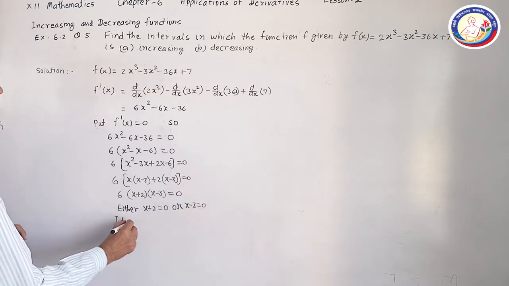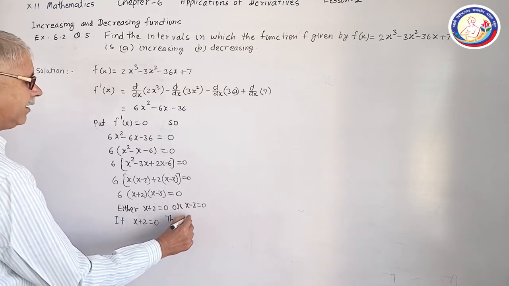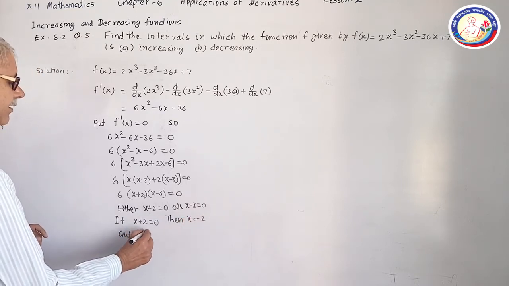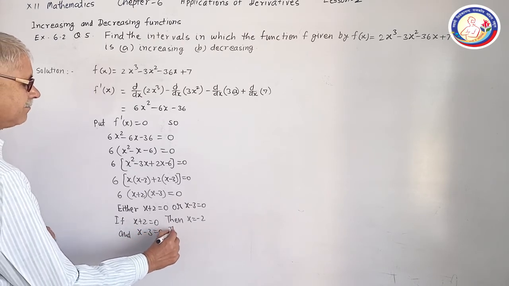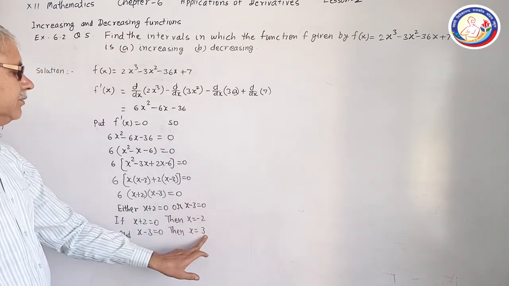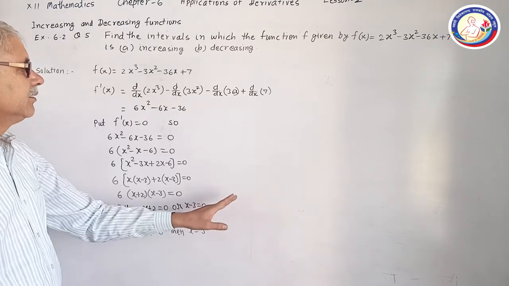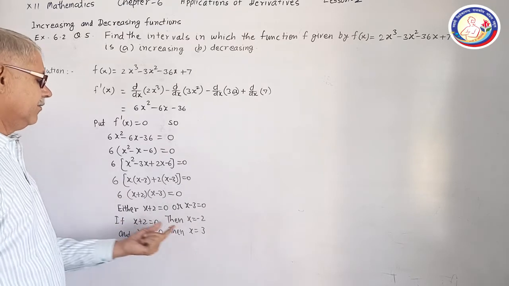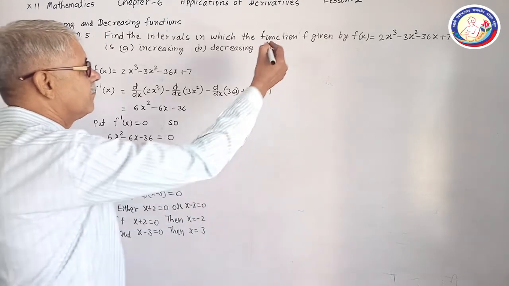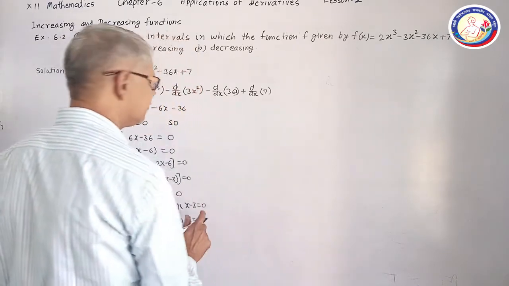If x plus 2 is 0, then x equal to minus 2, and if x minus 3 is 0, then x equal to 3. So these are the 2 points which divide the domain into subdomains, or we will have intervals divided by these 2 points. So the domain can be divided in 3 parts with these 2 numbers.